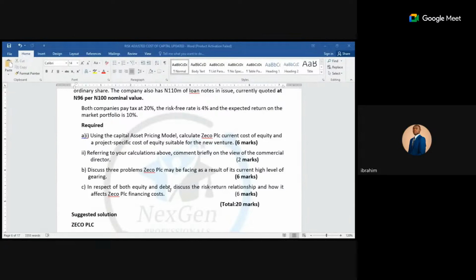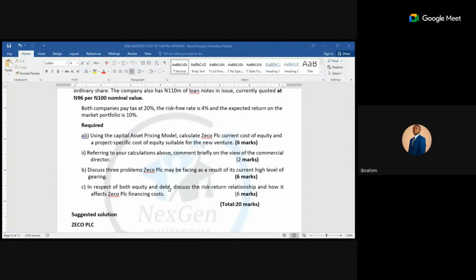Then the other person should explain how it affects Zeco PLC finance cost so that we can close this chapter, right? So who can do that? Someone should explain the equity and debt risk and return relationship. Of course, we've done that. We talked about all these things at the beginning of cost of capital.